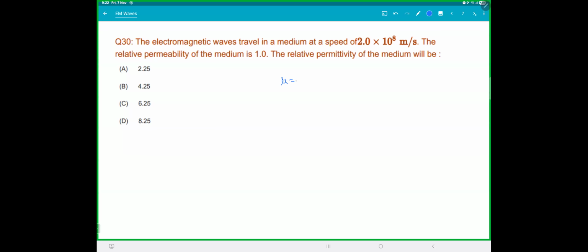So mu is C medium by C vacuum, or C vacuum by C medium. Mu always has to be greater than 1. That will give you 3 by 2. But I know mu is nothing but root over mu r epsilon r, and he gave you mu r is 1. So epsilon r is 9 by 4, which is 2.25. Not difficult. If you know your formulas, it will take less than 30 seconds.